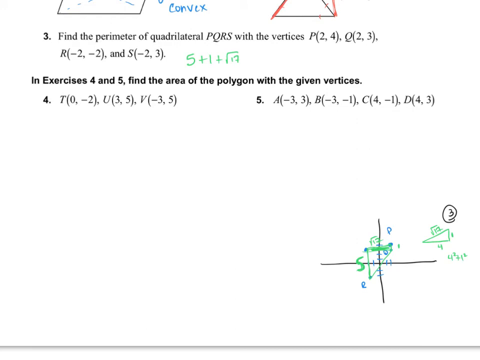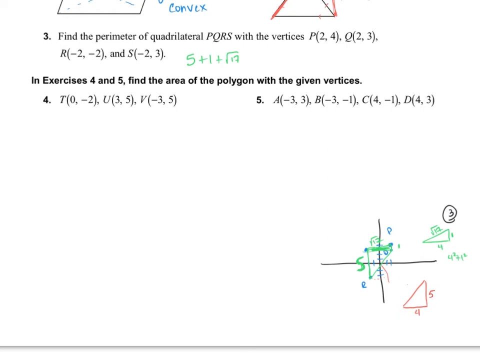Now let's do the next one right here. And I'm going to take this out so you guys can see it a little bit better. Again, I'm going from -2 to +2, so that's a distance of 4. And I'm going from -2 all the way up to 3, that's a distance of 5.